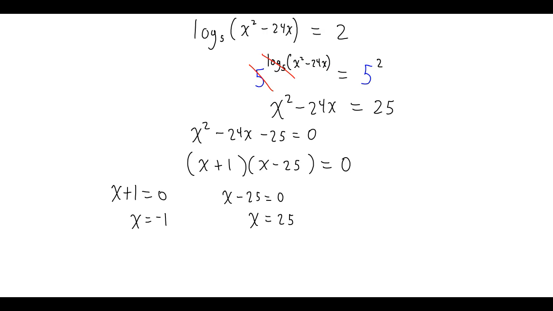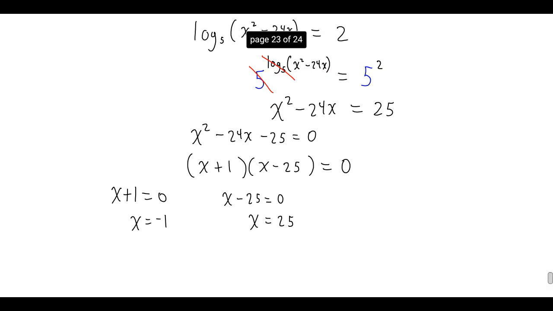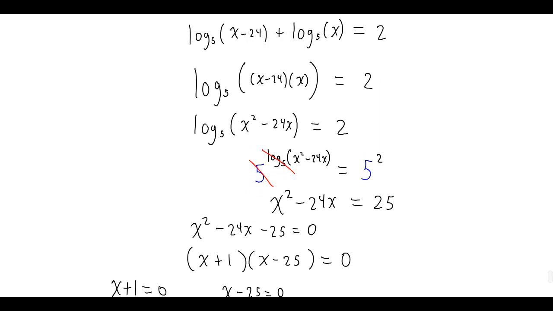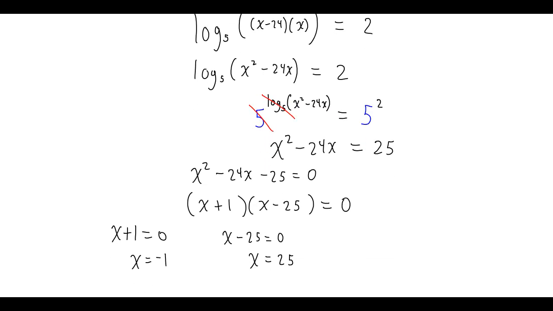So let's check. If I plug negative 1 into my original setup here, log base 5 of (x minus 24) plus log base 5 of x, into either one of these, I will end up with a negative inside the logarithms. Okay? Cannot have negative inside. So I will go down here and I will scratch out this as a potential solution.